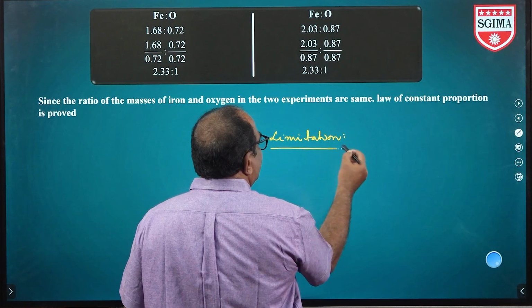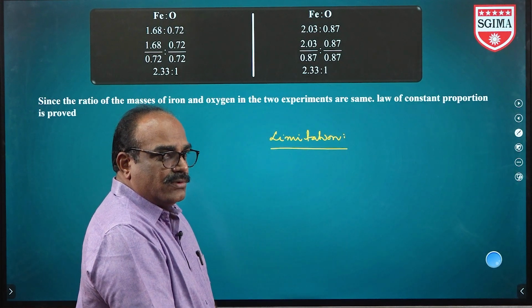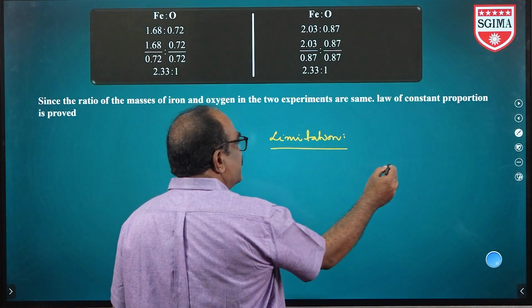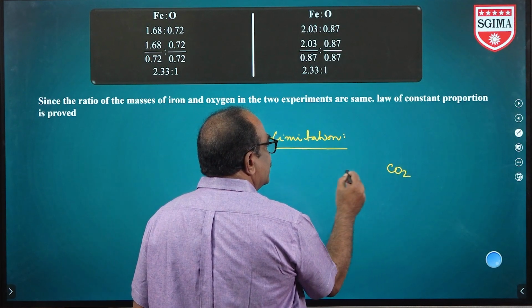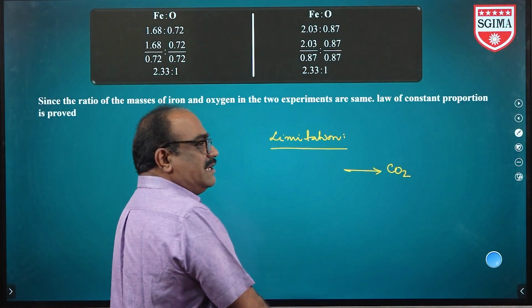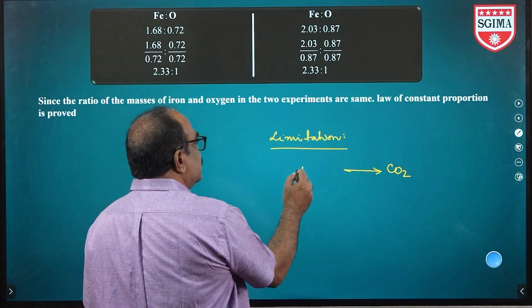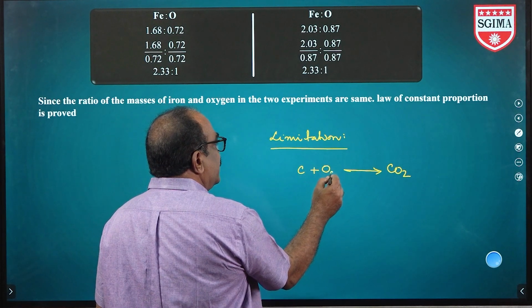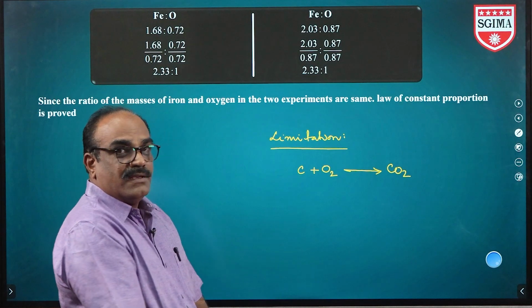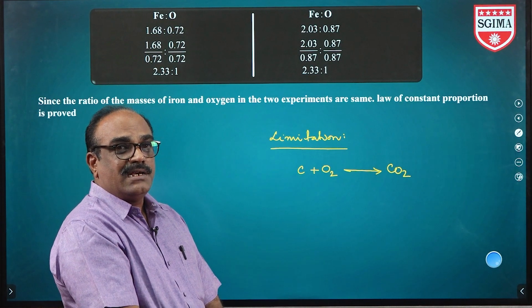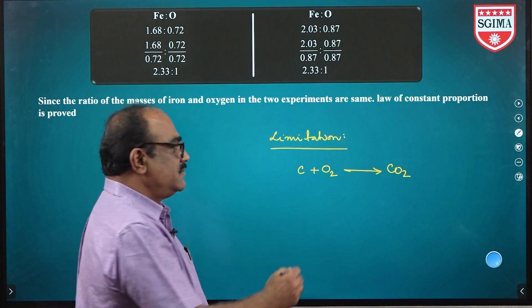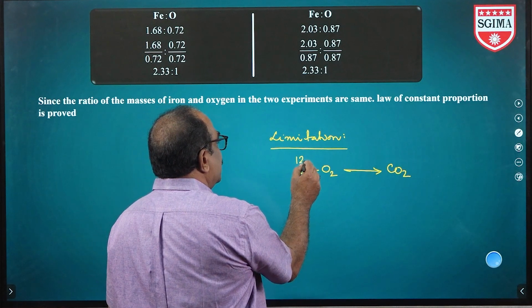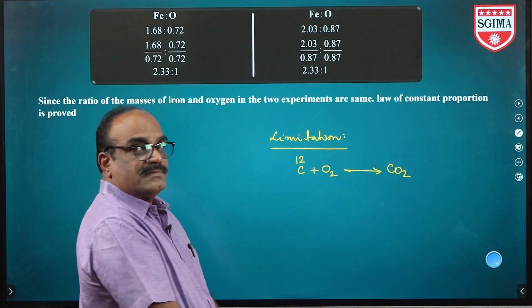For that limitation, let us consider an example: I am preparing carbon dioxide. Carbon dioxide is being prepared by combustion of carbon in oxygen. Suppose I am taking isotopes of carbon, carbon 12 is being taken.